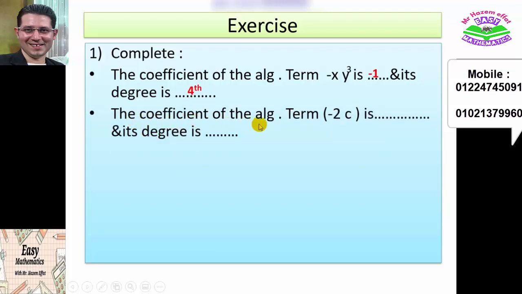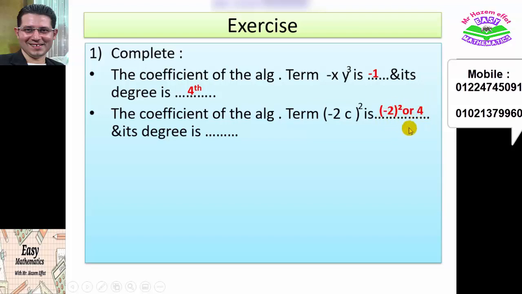The coefficient here of the algebraic term negative 2c raised to power 2. What about the coefficient here? Okay, we can say the coefficient here in two ways. We can say it will be negative 2 raised to power 2, or we can say negative 2 raised to power 2 equals 4.